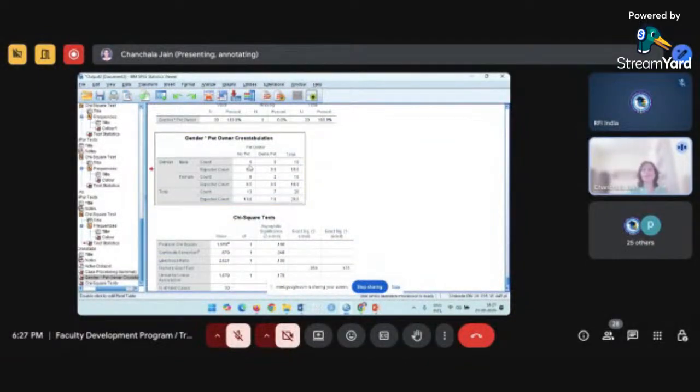The second table is explaining the observed count and expected count. So you can see gender, male and female, right? For male, no pet means how many of the males are not owning a pet: 5 out of 10. Similarly, 5 are owning a pet out of 10.